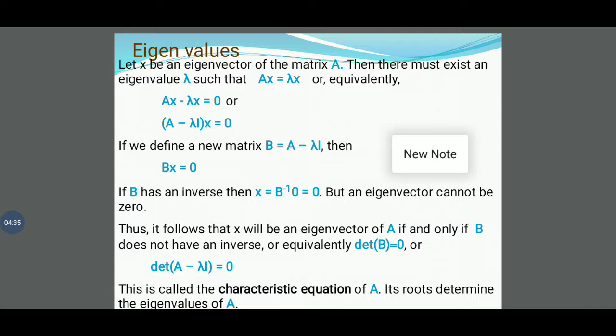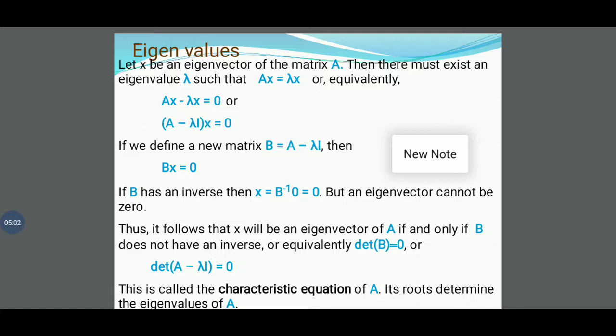If B has an inverse, then x is equal to B inverse times 0, which is equal to 0. Any matrix multiplied by 0 becomes 0. But an eigenvector cannot be 0. Therefore, this shows that x is an eigenvector of A if and only if B does not have an inverse. Equivalently, determinant of B is equal to 0, or determinant of A minus lambda I is equal to 0.